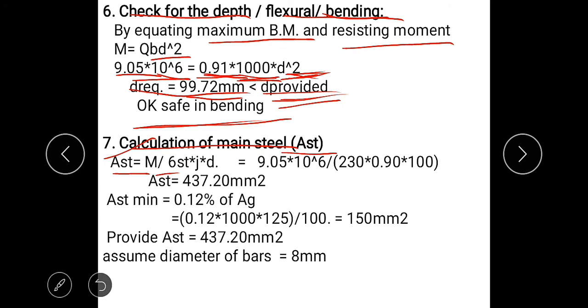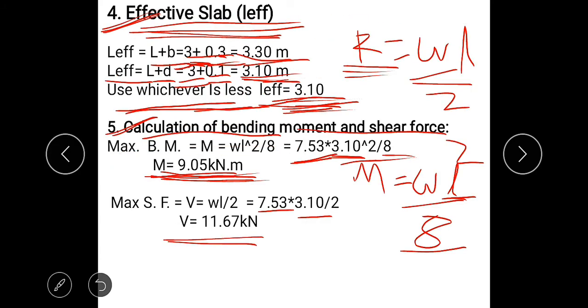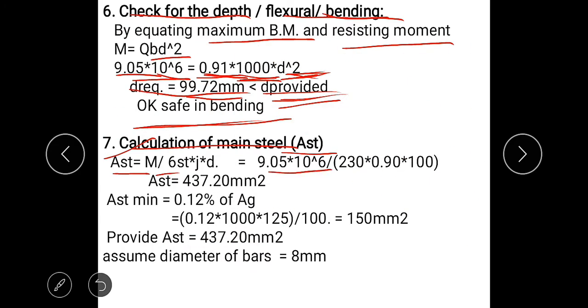M from the 5th step is 9.05 into 10 to the power 6 Newton mm, sigma st, the permissible stress in steel in the tension zone, is 230, j, the lever arm from the second step, is 0.90, and the depth is 100. So the area of steel is 437.20 mm squared.